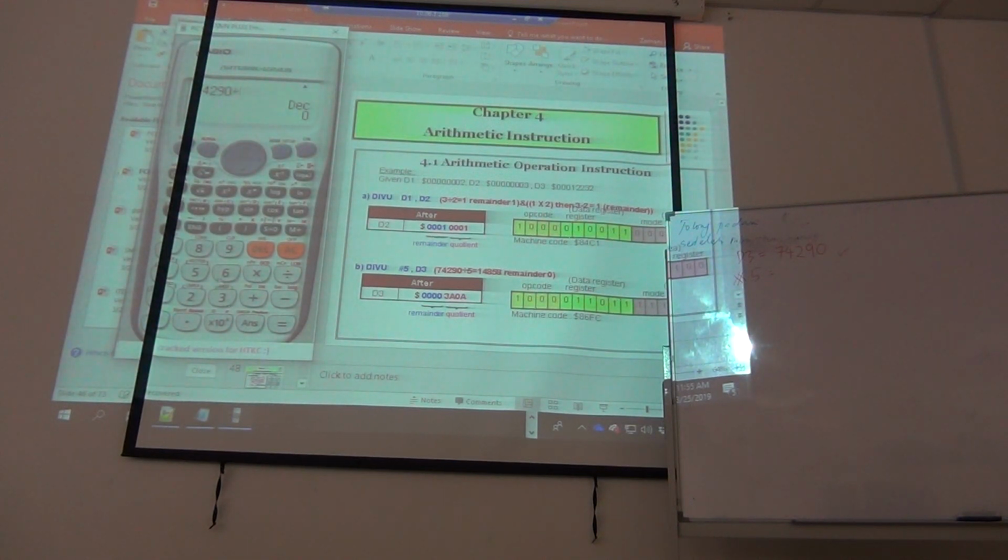When you hit enter, that is the quotient. You can convert it back to hex and you get the first answer. 3808 is equivalent to the quotient here. But where is the balance?